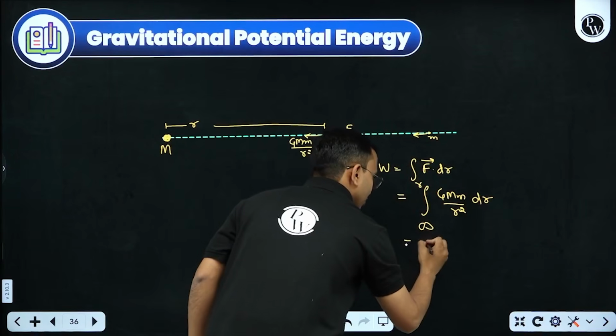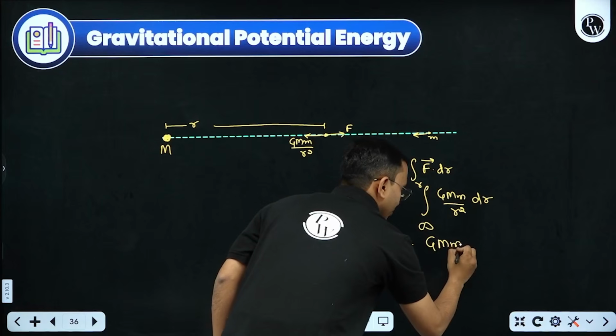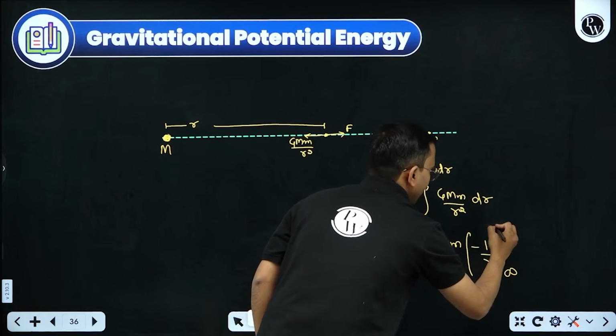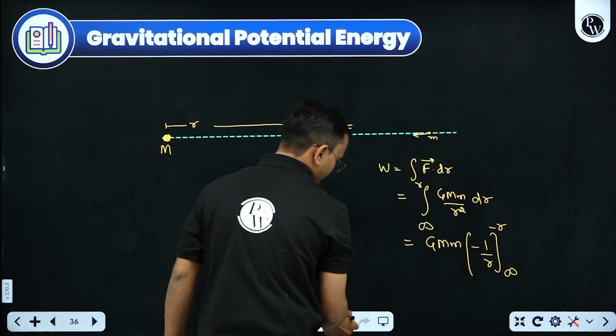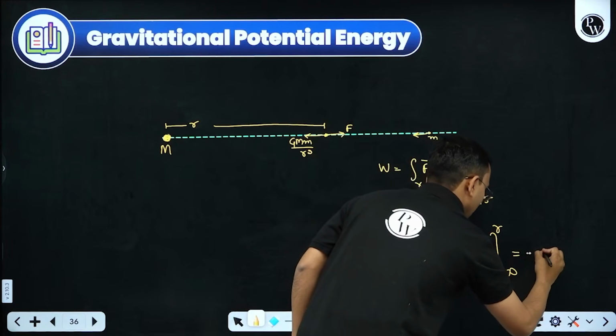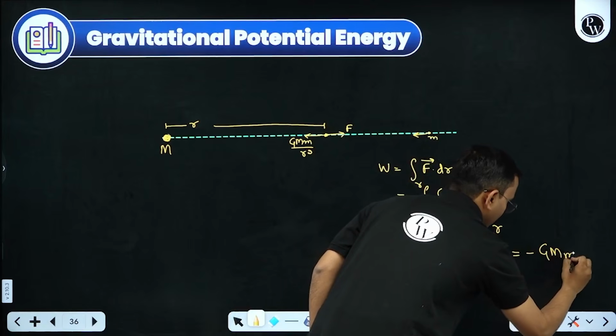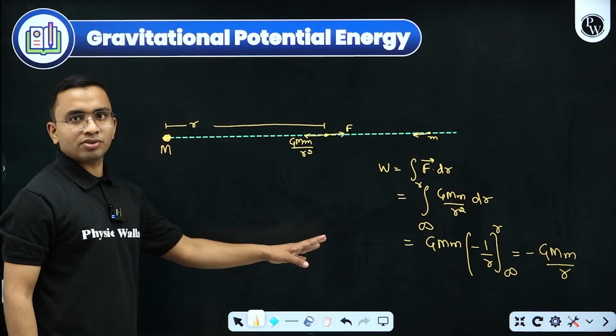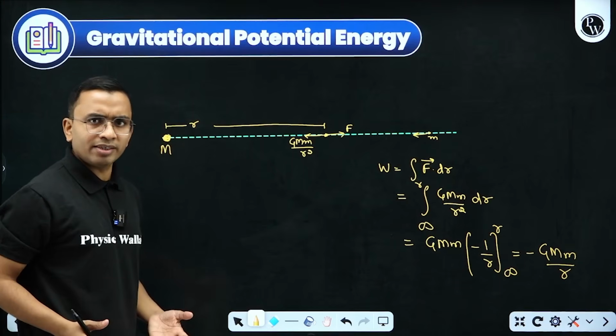So this will become GMm times minus 1 by r, limit from infinity to r, so this will become minus GMm by r. I got my work. This is a negative work. Yes, I did negative work.